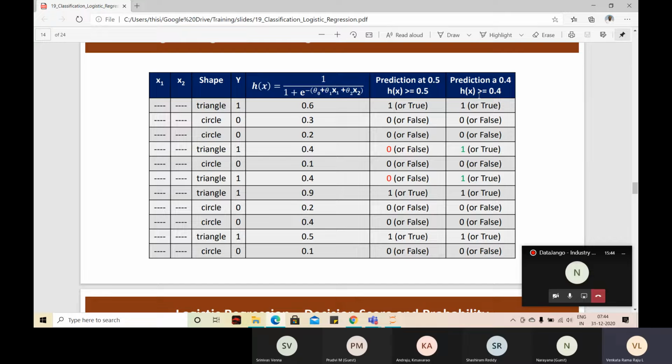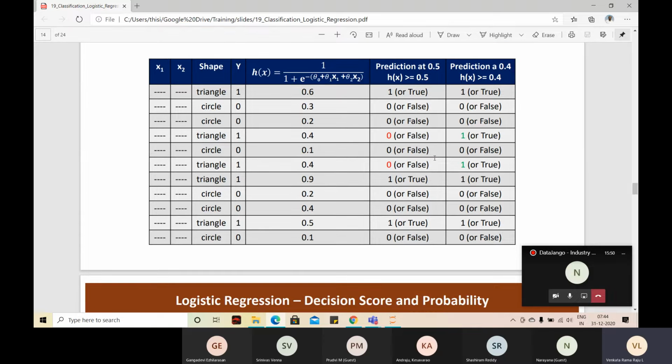How do you do it? You take either probability scores or decision scores, and then take the threshold you want, and you can actually make the wrong predictions right as well.